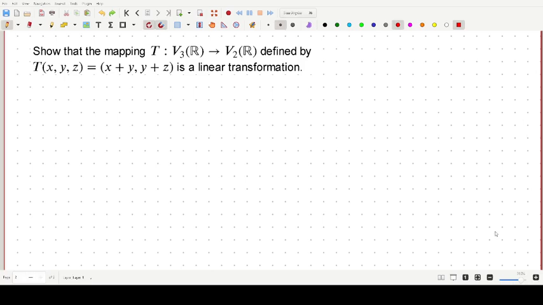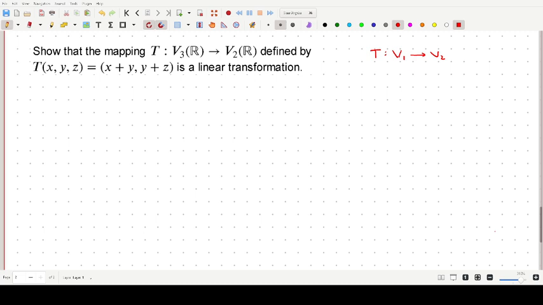In this video, we are going to understand how we prove that a given mapping is a linear transformation. Now, in order to understand what a linear transformation is, let's take an example of two vector spaces V1 and V2, which have a mapping between them.